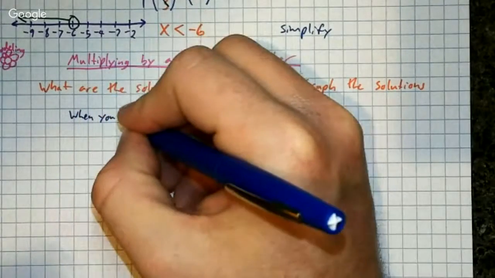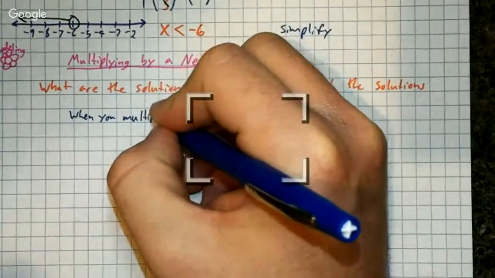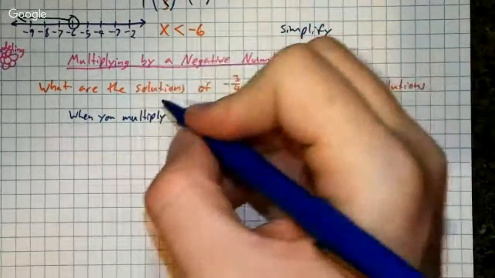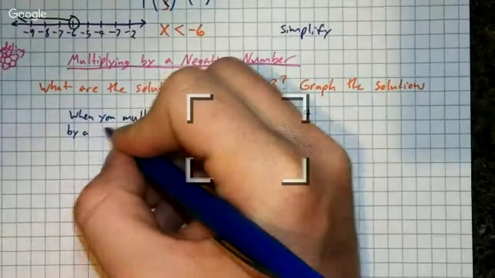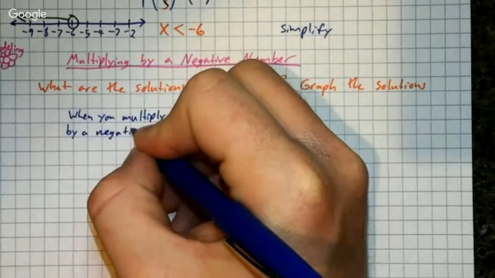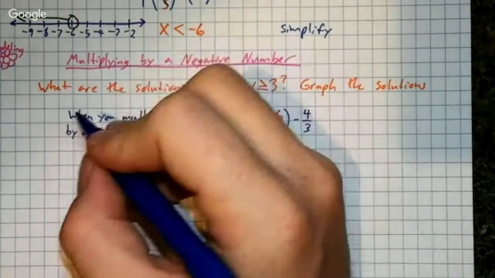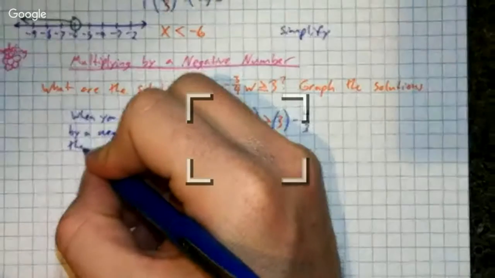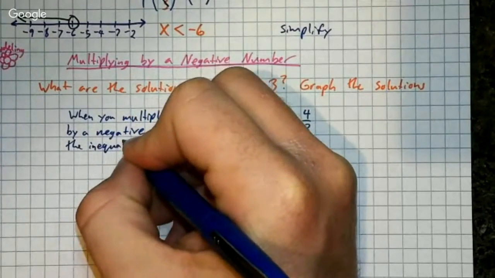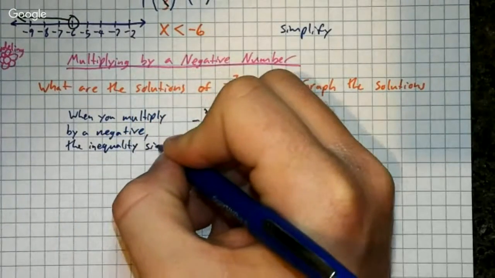When you multiply by a negative, the inequality sign flips.